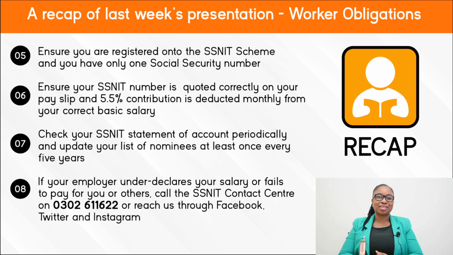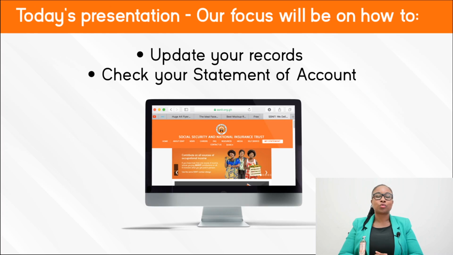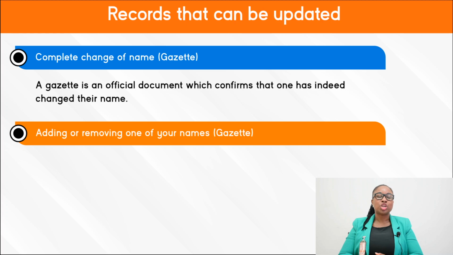Now to today's presentation. Our focus will be on how to update your records and check your statement of account. There are records with SSNIT you can update, and there are others you cannot update. An example, your date of birth cannot be updated. The law does not permit that.